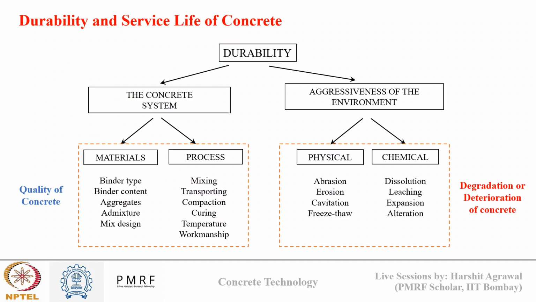In the last session, we started discussion about durability of concrete, where we first talked about what durability means by defining it as per ACI standard and as per IS provision. We understood how durability of concrete is affected by two factors: the concrete system and the aggressiveness of the environment, where the concrete system governs the concrete quality while the environment defines the rate of degradation or deterioration of concrete.